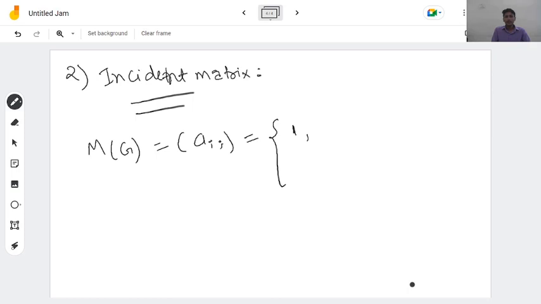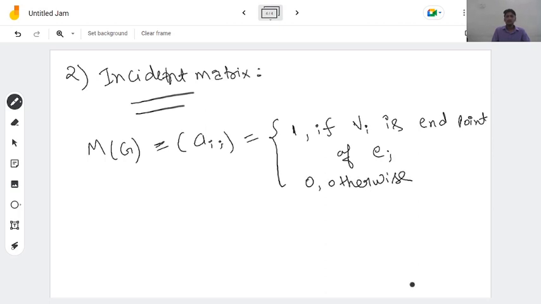When will the entry be 1? It is 1 if Vi is an endpoint of Ej and 0 otherwise. Okay, so I will give you an example for this.